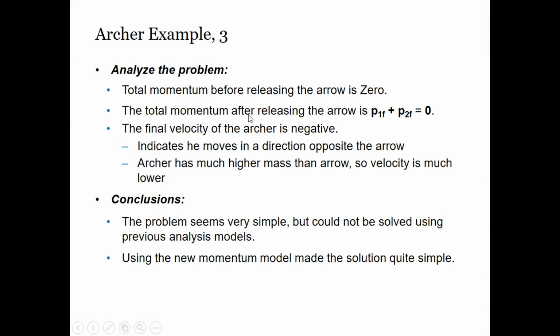So the total momentum after releasing the arrow will be equal to zero. So this will be the final momentum of the arrow and the final momentum of the man. So the final velocity of the archer becomes negative. It indicates that he is moving in the direction opposite to the arrow. The archer has much higher mass than the arrow, so his velocity is much slower.